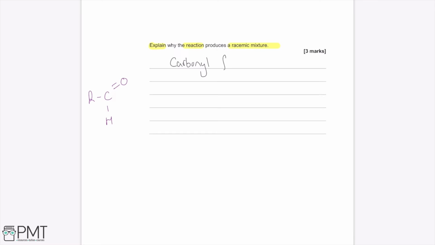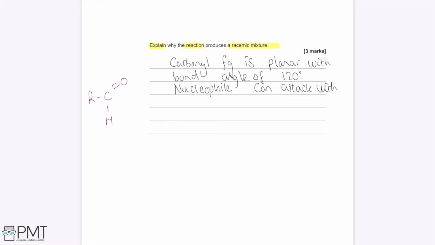Now we know that a carbonyl group is planar, and in this case there will be a bond angle of 120 degrees. Now, because of this, the nucleophile, which in this case is the cyanide ion, can attack with equal chance from both above and below. And this is what a racemic mixture is.